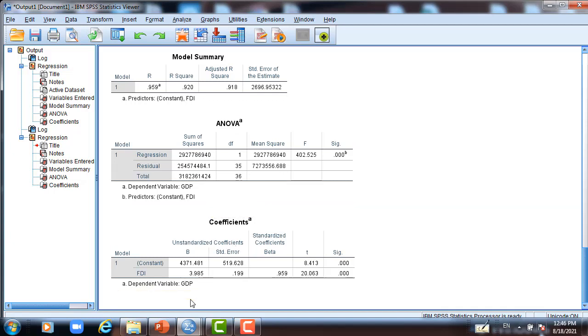This is the equation: GDP equals 4371.481 plus 3.985 foreign direct investment. And this is the equation, as you can see here, which is the estimated equation.